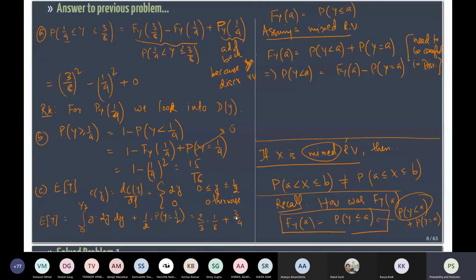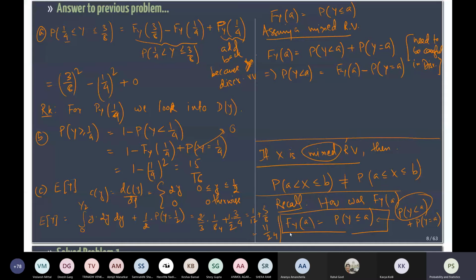Plus 3/4 was the discrete value at half, and then we have another half, right? So it's 1 by 12 plus 3 by 8, which will be, with 24 as the common denominator, 11 by 24.